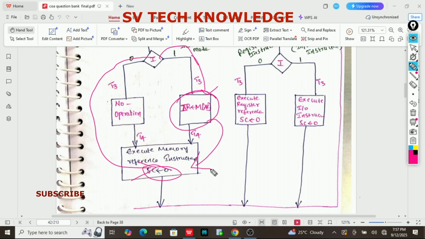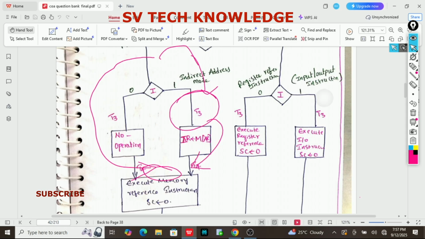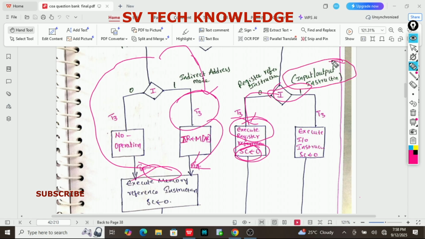If D7 is 1 and I is 0, it is a register reference instruction, and after performing it, the sequence counter becomes 0. If D7 is 1 and I is 1, it is an input output instruction, and after executing it at T3, the sequence counter becomes 0.